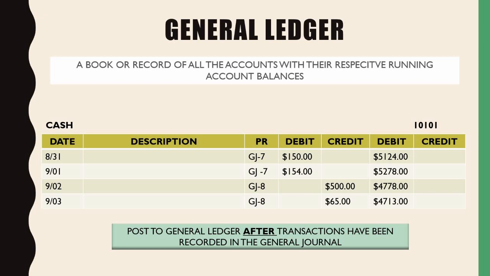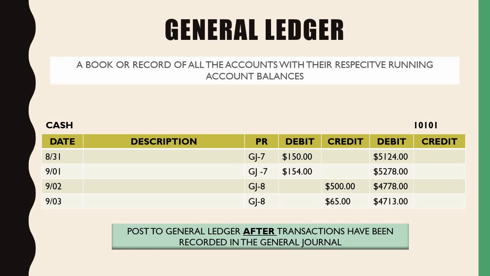Then on September 2nd, I bought something for $500. So therefore, I put it in here, and therefore it decreased my account. So now I only have $4,778 left. And then I went on September 3rd, I bought office supplies for $65, which dropped my cash account down to $4,713. Okay?